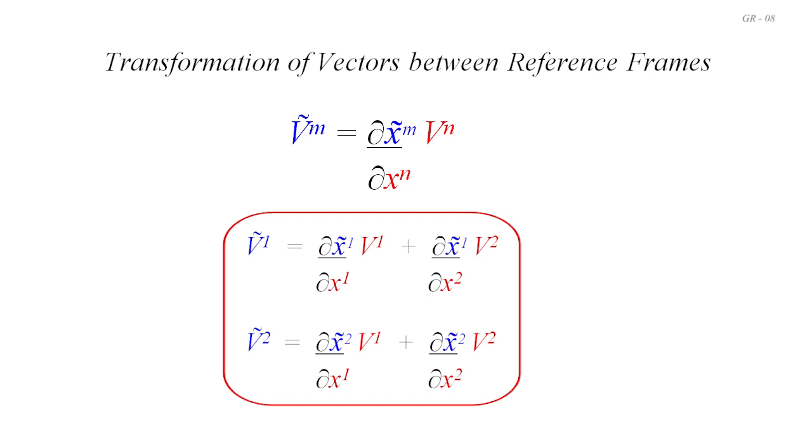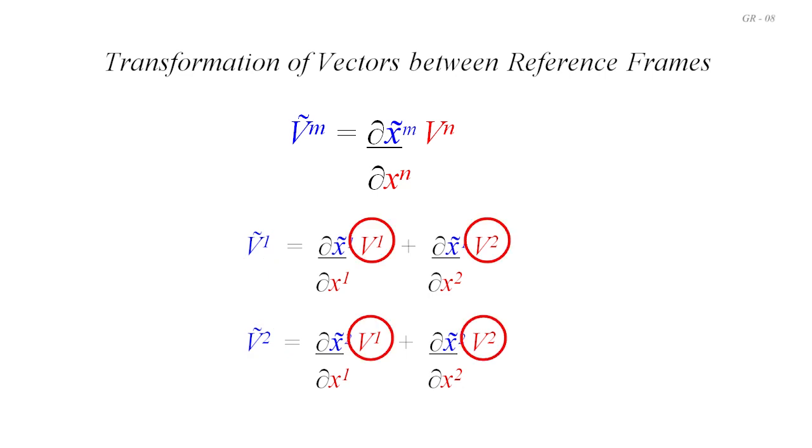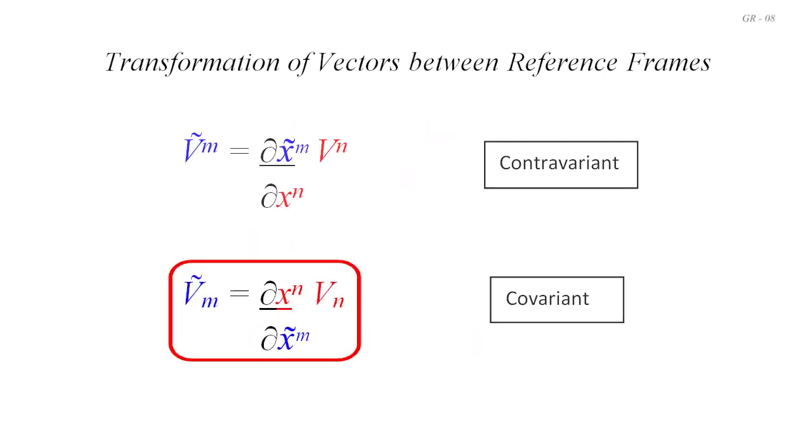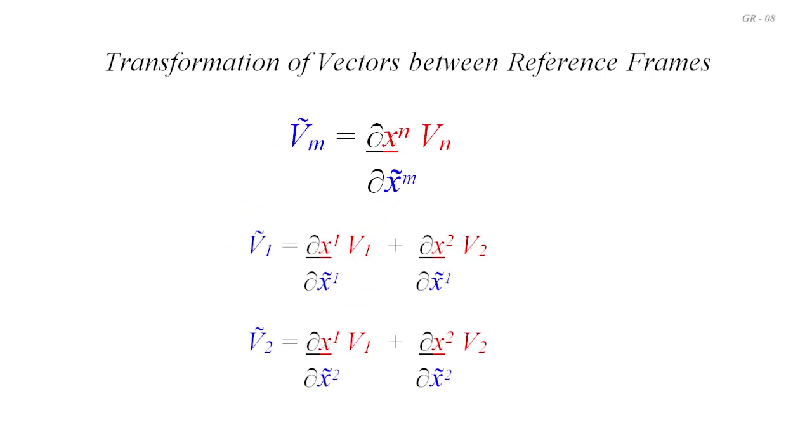Here are those equations. You should note that the measurement of each of these blue V tildes depends on both measurements of the red V1 and V2, and this must be because of the way both the dimensions could be stretching and twisting in these reference frames. The other equation for covariant components would give us a similar pair of equations for V1 tilde and V2 tilde.